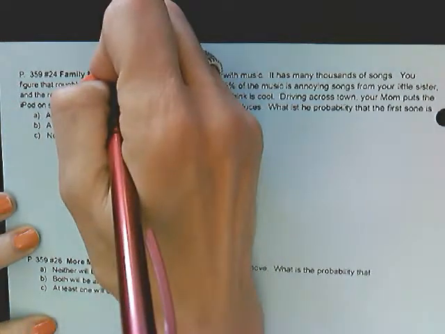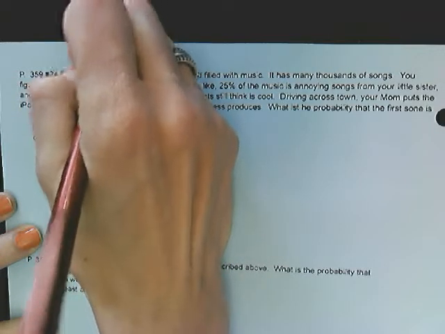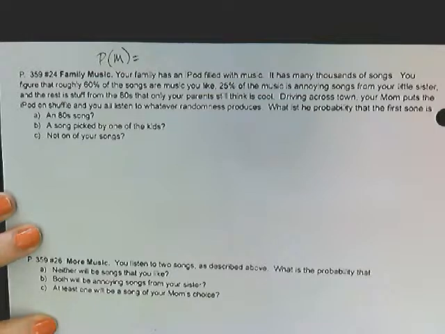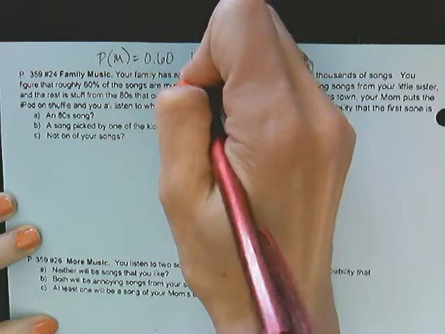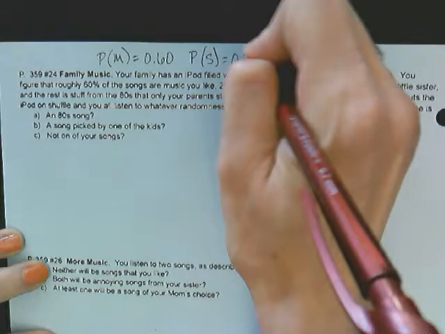Okay, so let's get our mind wrapped around what we've got here. The probability of me liking the music is what? 60. Yeah. The probability that your sister likes the music is 25.